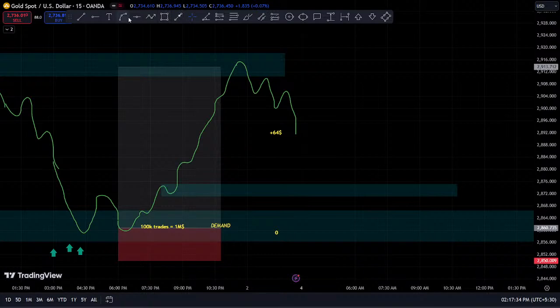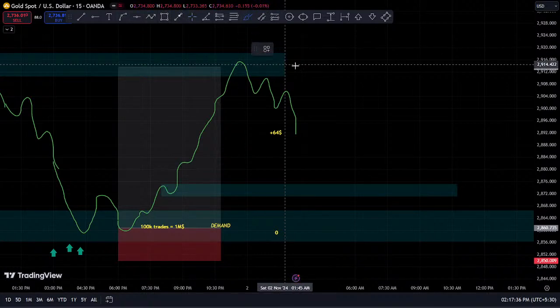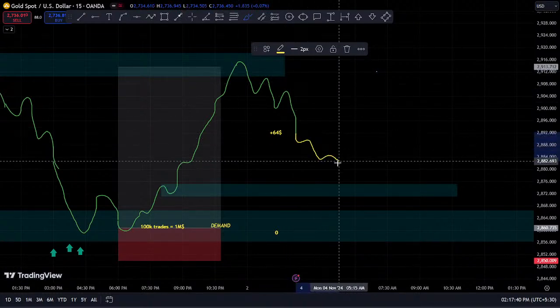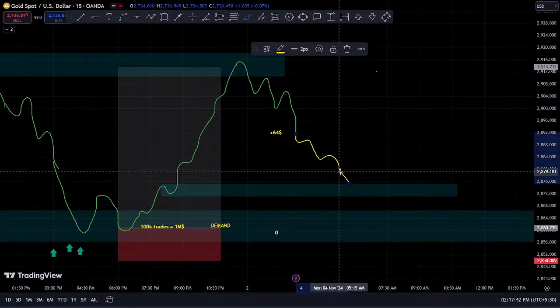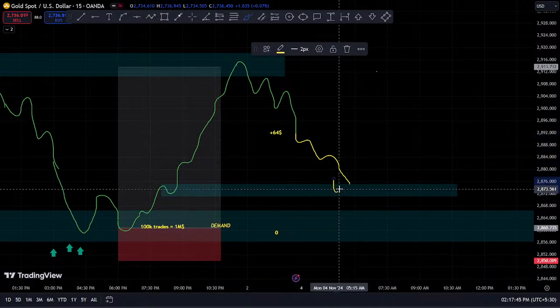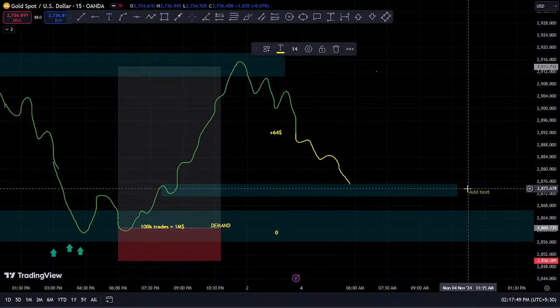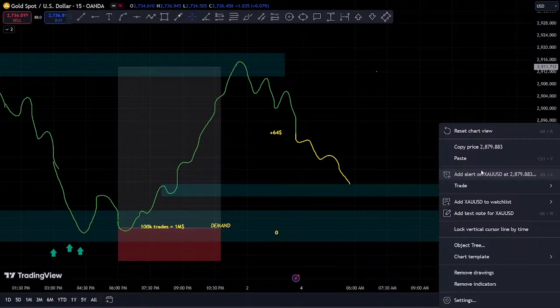Now what the price does is, it eventually tries to pull back into the zone. And once the price hits this particular level, which is around 2870, earlier the price was 2850.